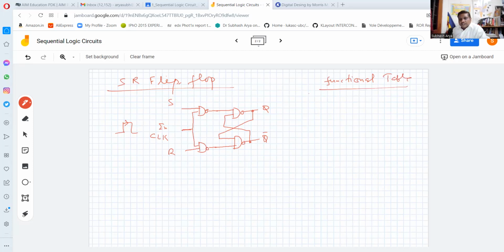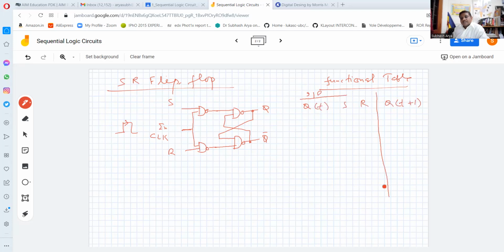So this side we will write input, and what are those inputs? Since this is a flip-flop, this is the Qt, and this is S, and this is R. These are the three inputs, and we are interested in what is the next output, Qt plus 1.